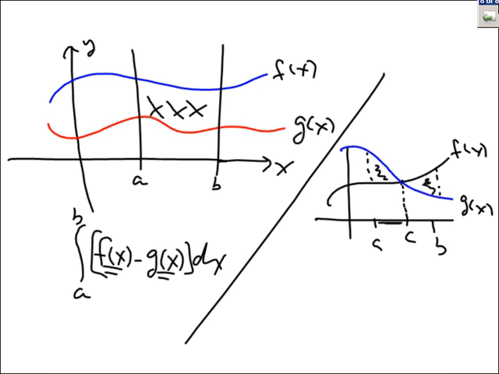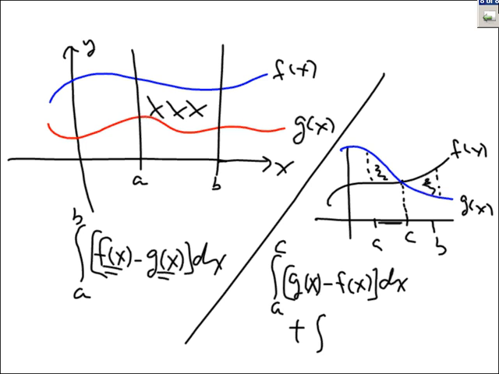So this is key. You have to graph these if they're not given, because you need to see which is on top. So between A and C, we have the blue function on top, better known as g of x. So I do g minus f, top minus bottom, dx, from A to C, and then I'm going to add on the integral from C to B, the area from C to B, and that's where f is on top.